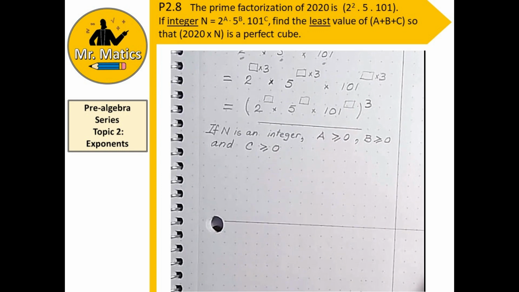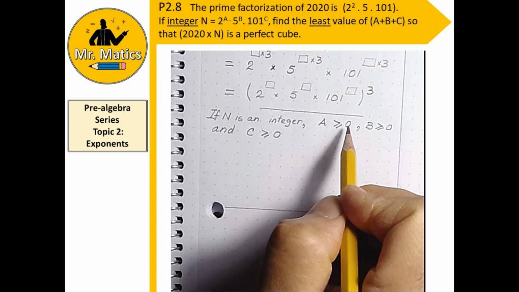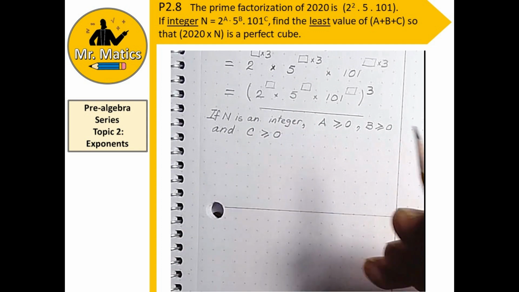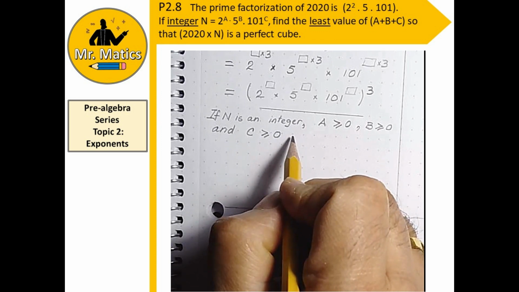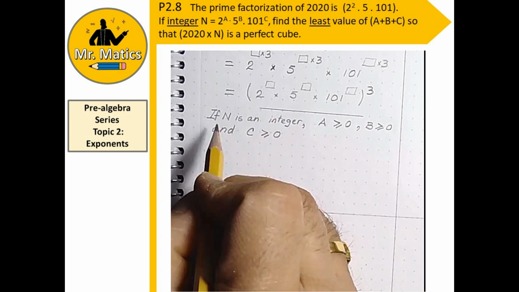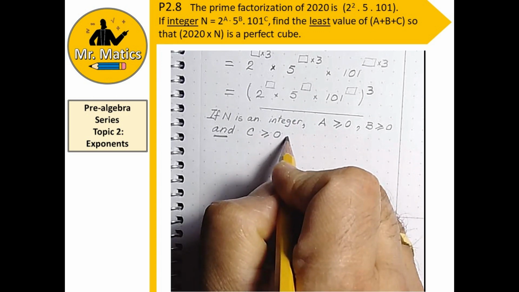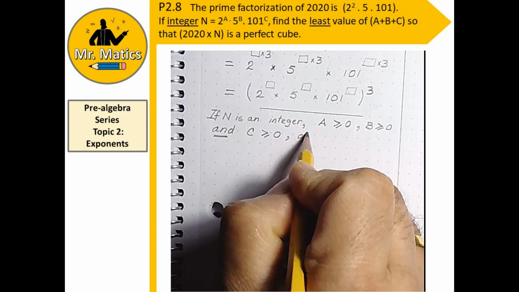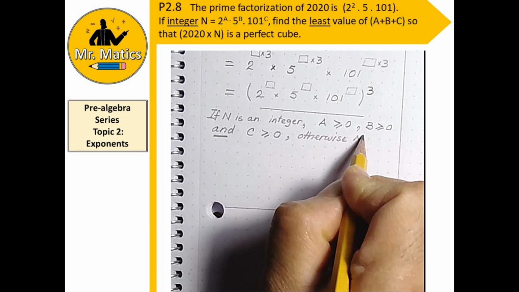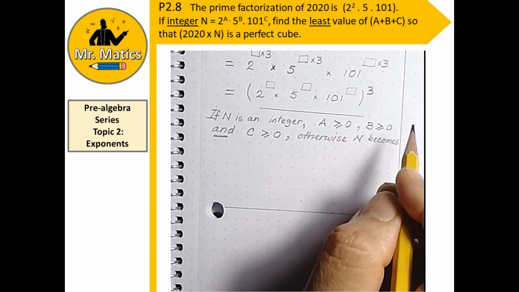So if I am giving the condition n as an integer, then I should say a greater than or equal to 0 and b greater than or equal to 0 and c greater than or equal to 0. I can write the argument here. Otherwise, n becomes a fraction.